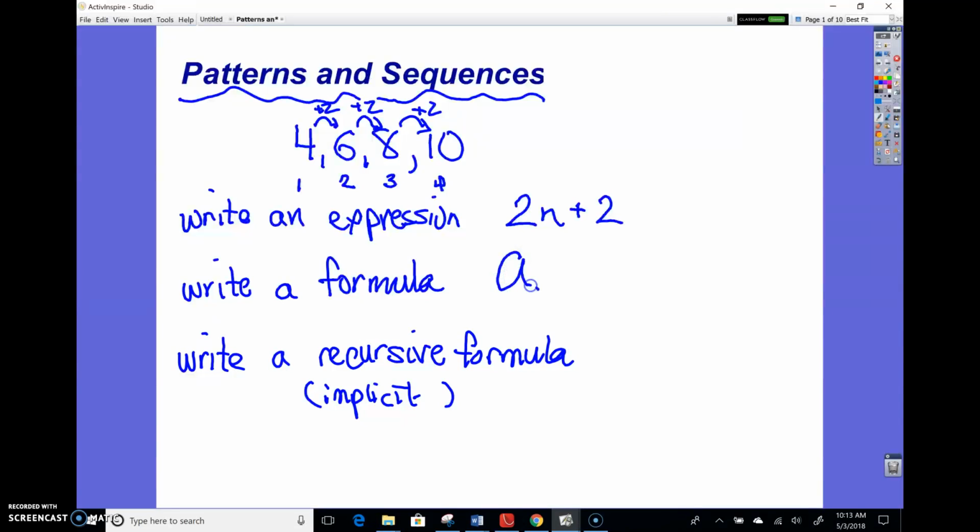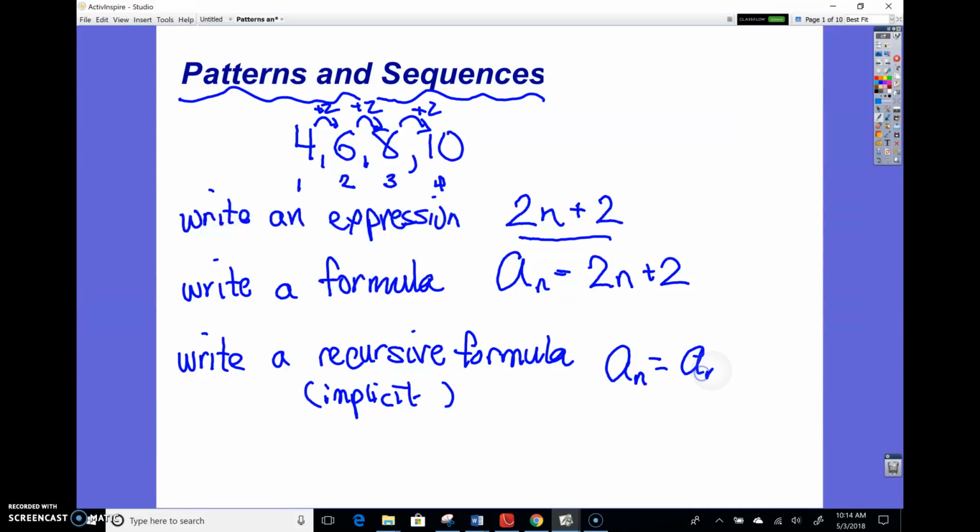Writing a formula, we just have to use this right here, but put a of n in front of it. And the recursive formula, a of n, they look instead of at 1, 2, 3, 4, they look at how it changes.